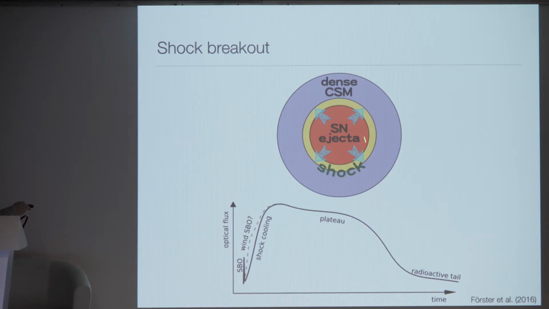And then it gets bright. But if there's dense circumstellar matter surrounding this progenitor in general, then this shock breakout signal may be smeared in this dense circumstellar matter, and probably this short time scale shock breakout may not be observed, and maybe we see some effect from the shock, the dense interaction between the supernova ejecta and dense circumstellar matter, more dominantly.